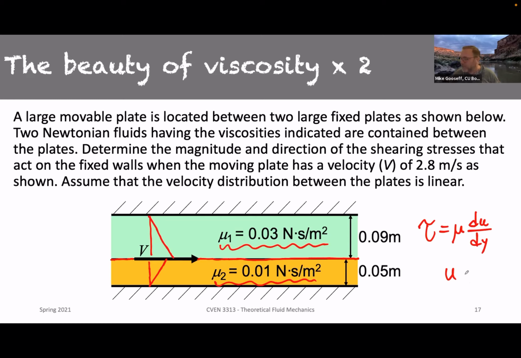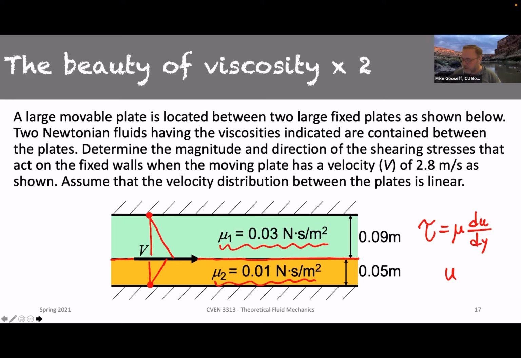So when we say a linear distribution, we mean that we can go from zero velocity at zero height to 2.8 meters per second over 9 centimeters for the top, and on the bottom we would go from zero velocity at zero height up to 2.8 meters per second in 5 centimeters. Okay. Sorry, I keep saying millimeters. These are centimeters, aren't they? Sorry about that. But 9 centimeters and 5 centimeters.